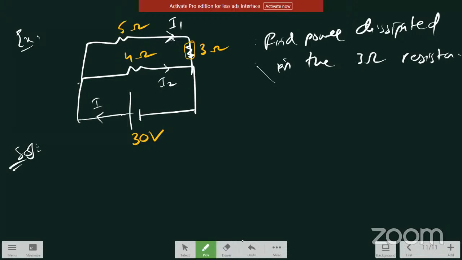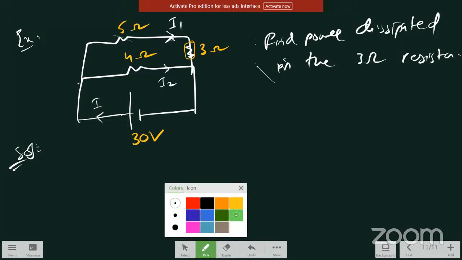See, it is very simple. This branch is having how much resistance? This branch is having 8 ohm resistance, right? And this branch is having 4 ohm resistance, right?